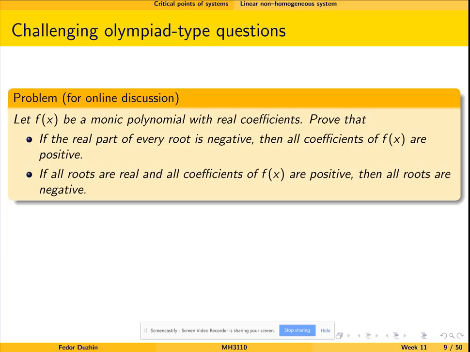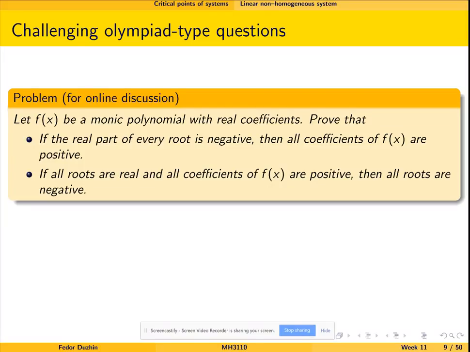Further, this poses some interesting questions, and they happen to be very challenging, sort of like in math Olympiads. So I recommend that if you like a challenge, try to solve them by yourself. The first problem is that if the real part of every root is negative, then all coefficients are positive.